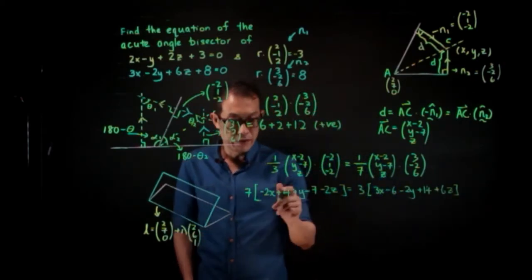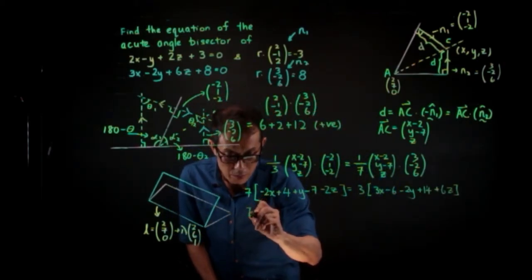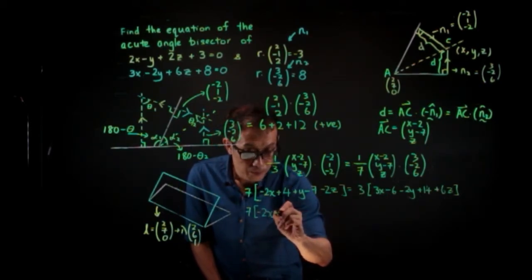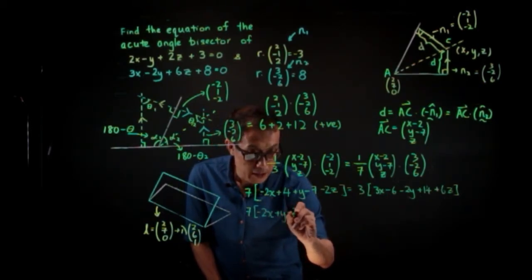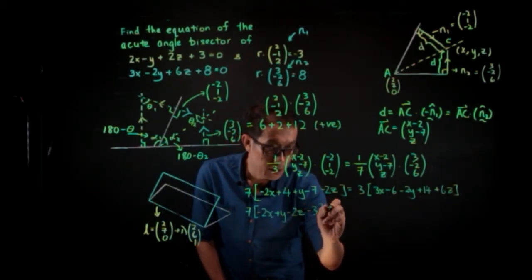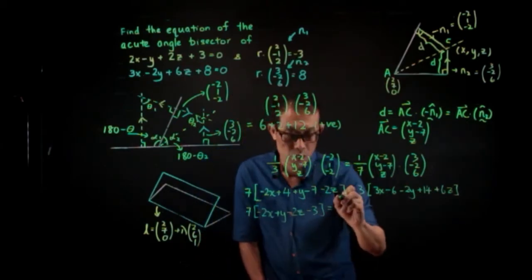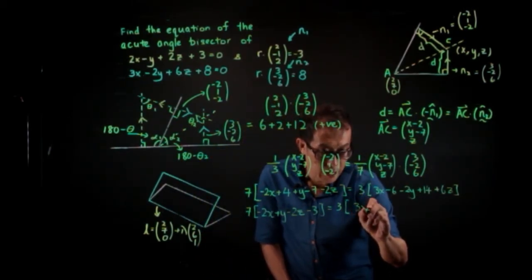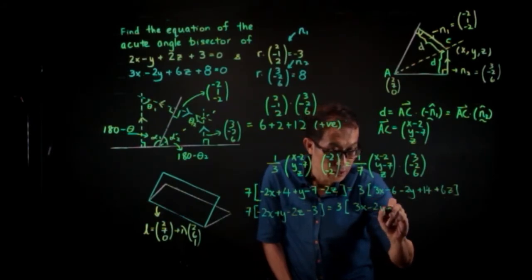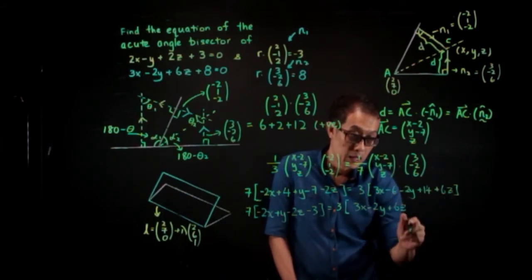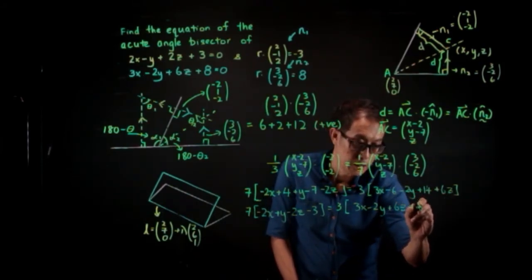Alright, we can simplify this. That will be 7 into minus 2x plus y minus 2z minus 3 equals 3 into 3x minus 2y plus 6z plus 8.